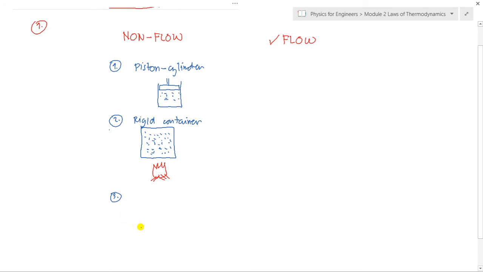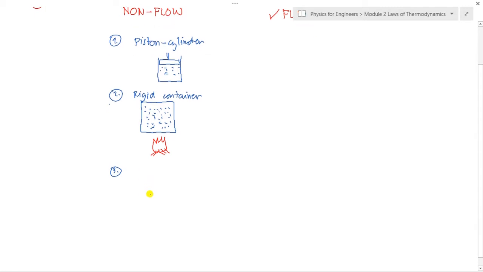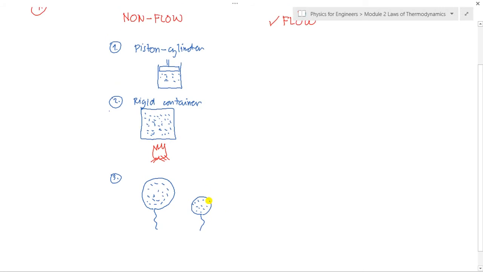And the third is the balloon. A balloon is common. In the morning the balloon is big, then at night it becomes small. So this is also an example of a non-flow process.